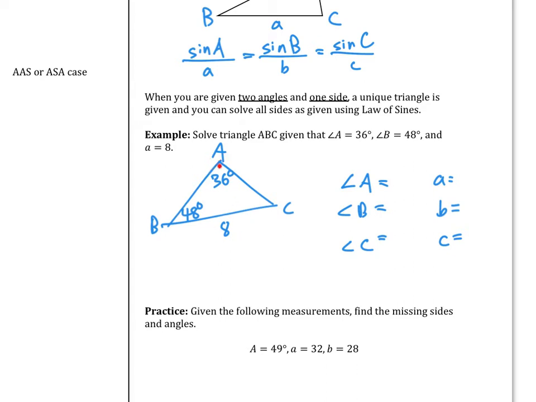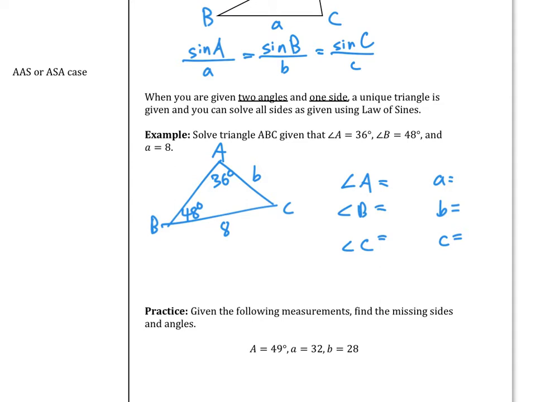You need an angle and its opposite pair. Okay, so we know this pair. This angle is also known, but the opposite side is unknown. So we can use this angle A and pair to find side b.